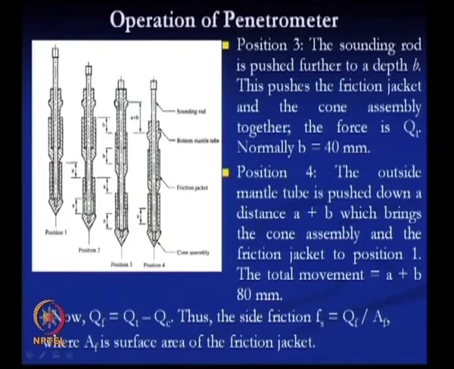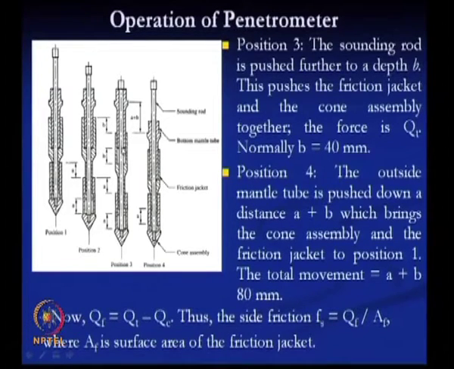Now, in the third stage, the sounding rod is pushed further up to a depth of B, that means the total A plus B. Here it pushes the friction jacket and cone assembly together. In the second stage only the cone assembly is pushed into the soil.